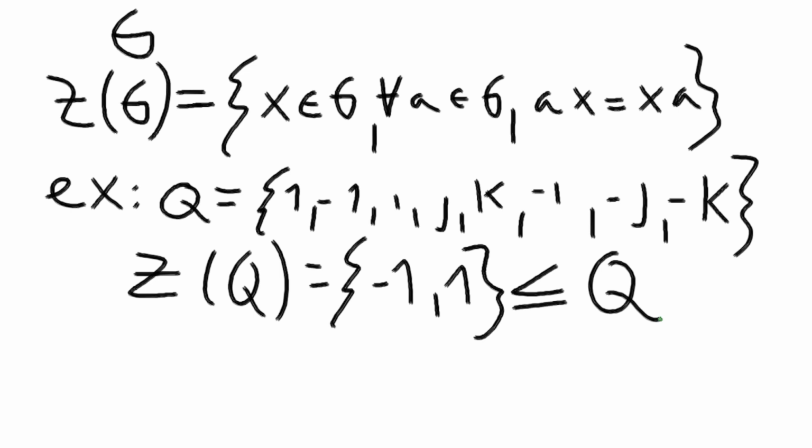And why is it a subgroup? It has elements that are already contained in the group whose subgroup it is. Also, the results fall again into this group, therefore fall again into the group whose subgroup it is. And it's abelian because these two elements commute, of course, even with each other. So -1 times 1 is the same as 1 times -1.